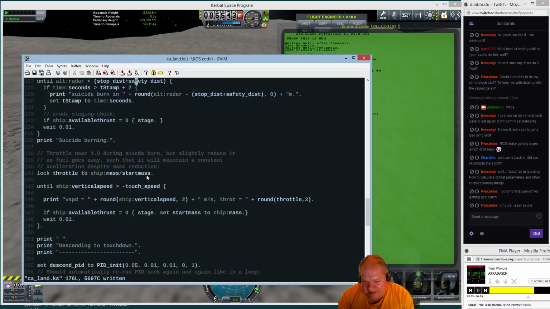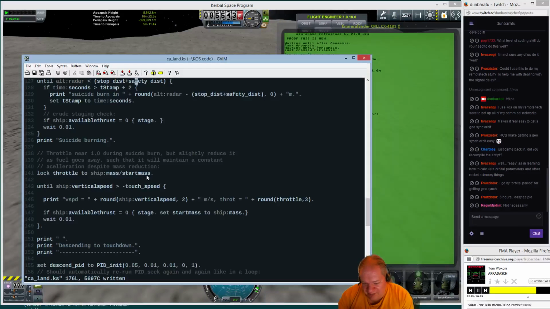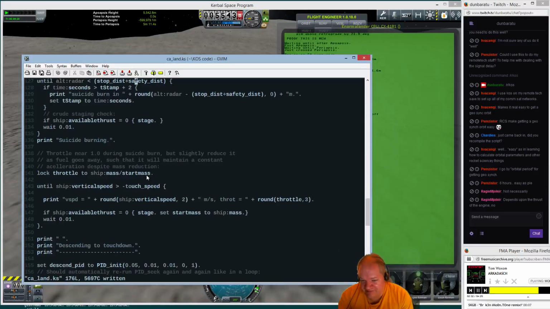If I have a certain amount of thrust, and my amount of thrust doesn't change, but my mass does, and I only have 90% as much mass as I did when I started, then 90% as much throttle should give me the same acceleration, shouldn't it?